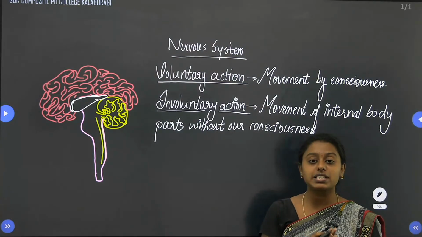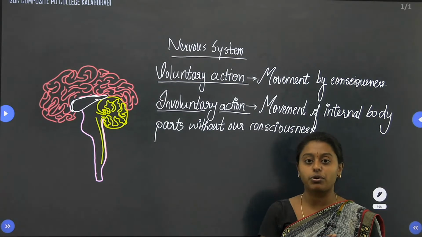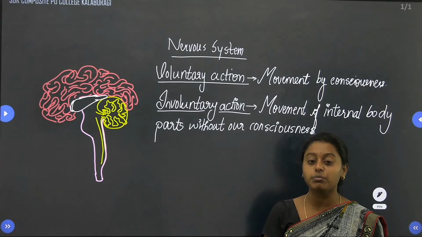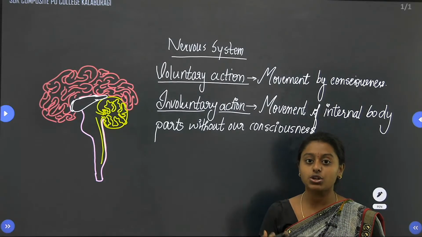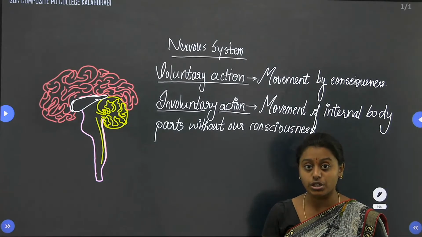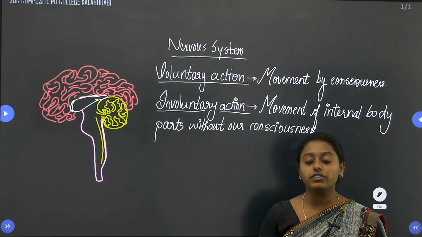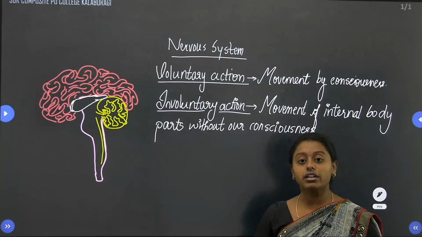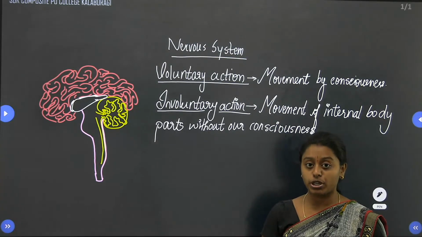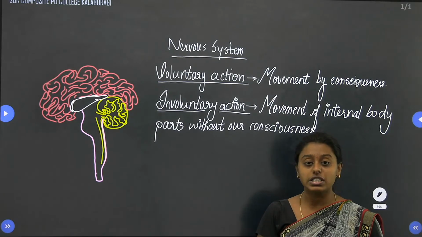The smooth muscles that lie in the digestive system, respiratory system, or the reproductive system undergo contraction without our consciousness or our decision. For example, digestion of the food that we have eaten takes place without our decision, and the process of respiration, that is inhalation, occurs even without our decision.